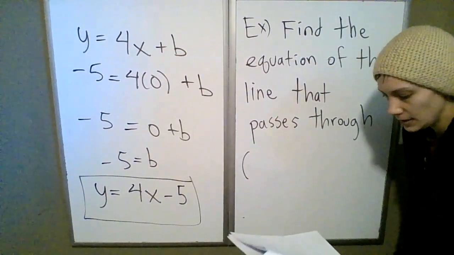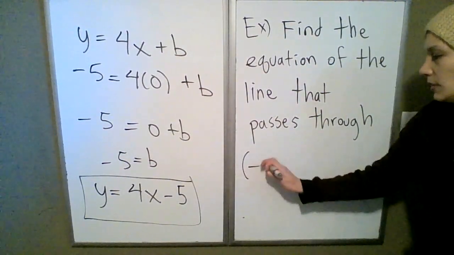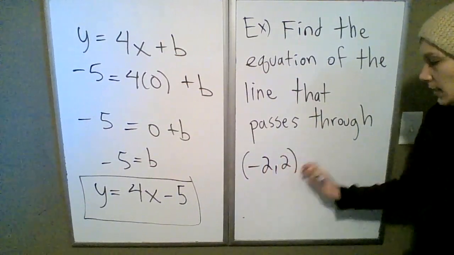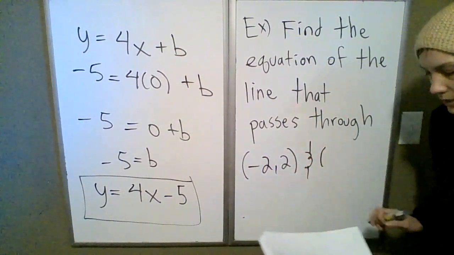First point is -2, 2. The other point is 4, 5.